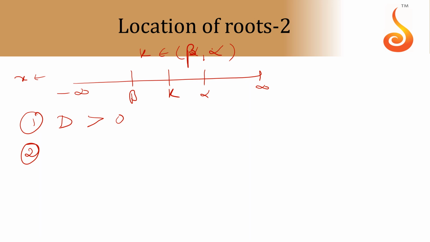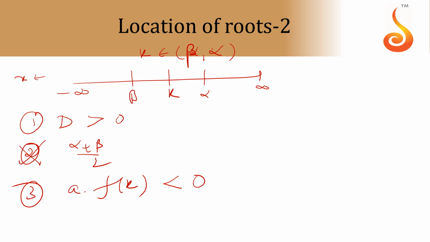Then second one, midpoint of the roots. The midpoint of the roots, you can't exactly tell with respect to k. So the second condition won't be there here. Then third, the coefficient of x square, a, and f of k. Because k is in between the roots, a and the expression at k will have opposite sign, so their product will be negative.